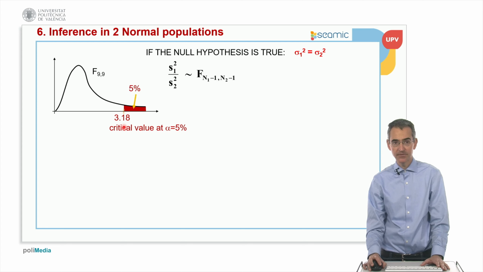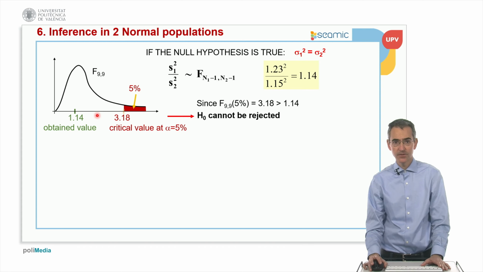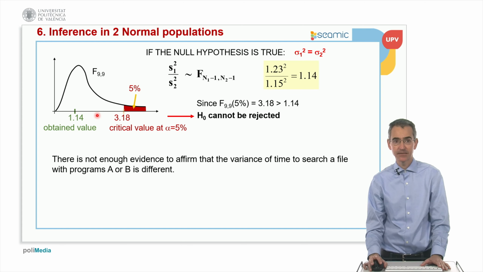So we compute this formula. We take the highest sample variance divided by the other value, and this is 1.14, the obtained value. This is in the region of frequent values. As this is a frequent value, we don't have enough evidence to reject the null hypothesis. So the null hypothesis cannot be rejected.